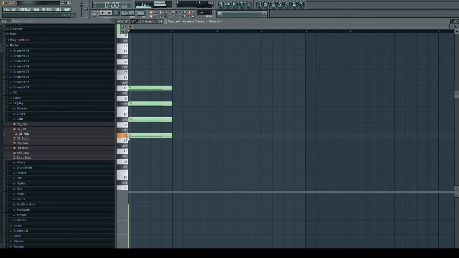Is it the seventh? Well, not really. But there's an explanation for this, which I will cover maybe next time. Just know that a diminished is you lower the third by a key going down, and then you also lower the fifth. Okay?